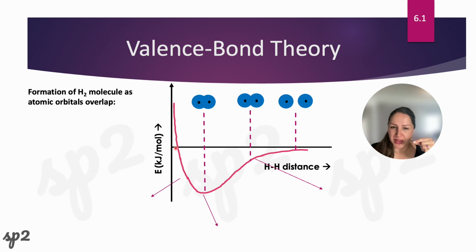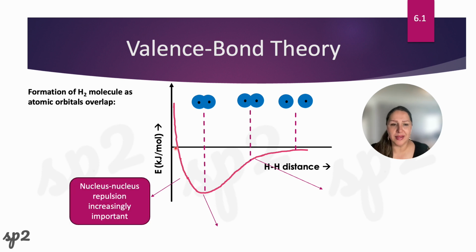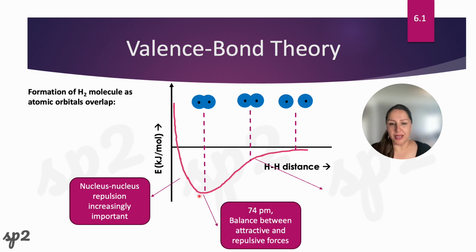We have too short a distance between them, and that means repulsive forces between the two atoms that make the energy of the molecule pretty high, right? Now, as you pull them apart, with a little increase in distance, you can see that the energy goes down, and you get to this point, which is amazing, right? That's the lowest energy, where we have the optimized distance between the two hydrogen atoms.